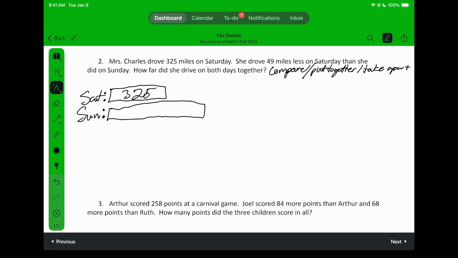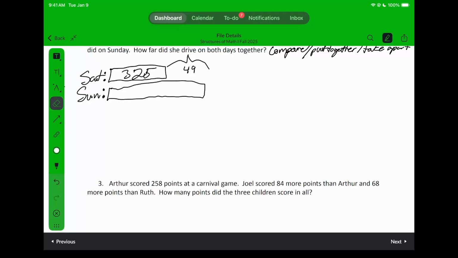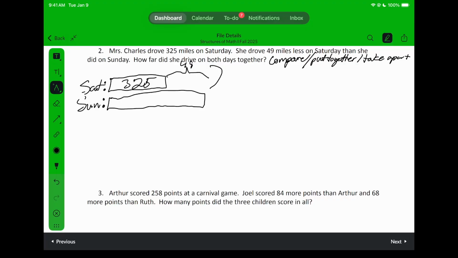And then since Sunday's larger, we know that this empty space is 49. And then what we need to find is that total. And that's it. That's our strip diagram.